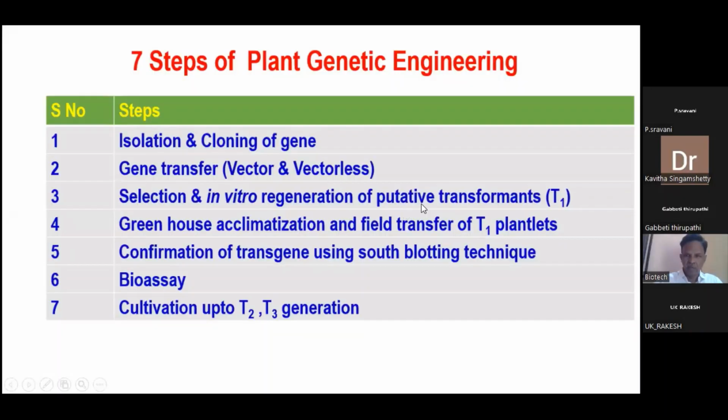Once the putative transformant is produced, it is transferred to a greenhouse for acclimatization. After acclimatization, we transfer it to field conditions, where we call it a T1 plant, that is, transgenic plant 1. But this is not all. We need to confirm whether the gene that we have inserted has really been integrated into the genome or not.